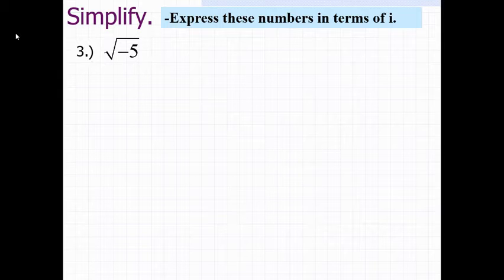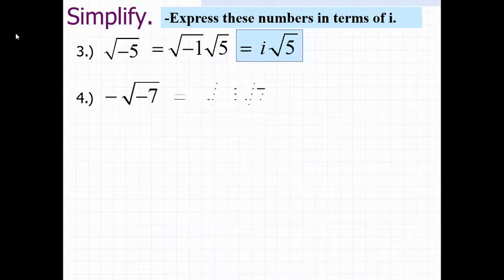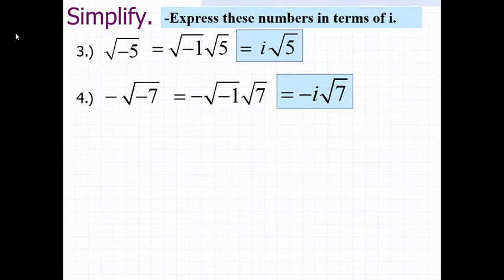Notice the square root of negative 5 can be rewritten by taking the square root of negative 1 out, which means that we have I square root of 5. So anytime that you have a negative underneath the square root, you can take out the square root of negative 1 and relabel that as I. Okay?